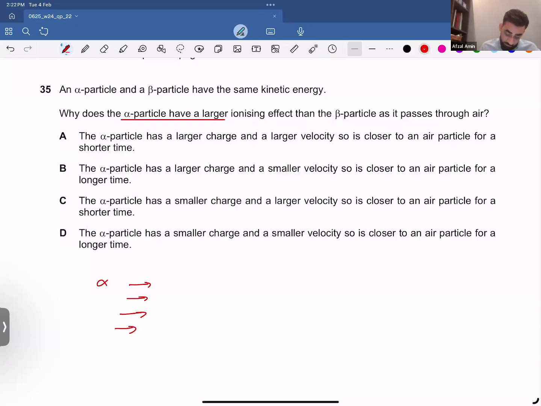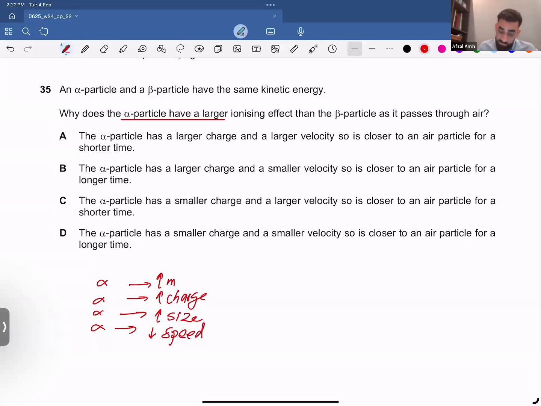Large ionizing for alpha: more mass, more charge, large size, less speed. These are the four factors which make the alpha the most ionizing. So let's see which option suits.